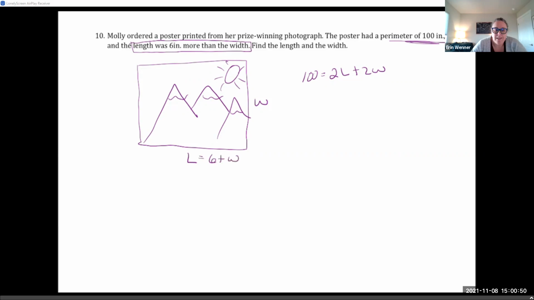So we know if the length is 6 more than the width, we can now substitute the 6 plus W in for L. So we're going to say 100 equals 2 times 6 plus W plus 2W. Again, we'll distribute here.